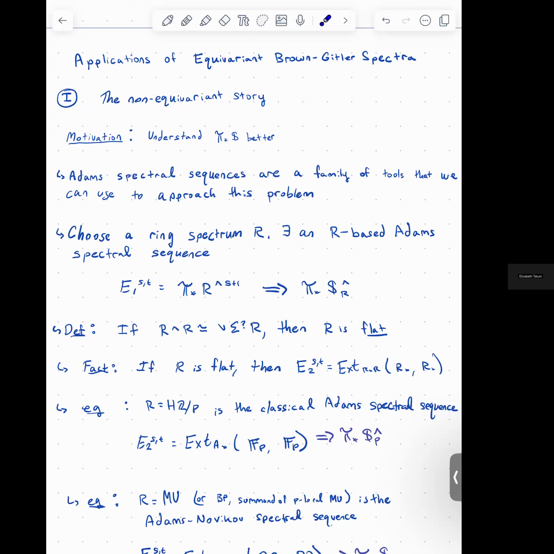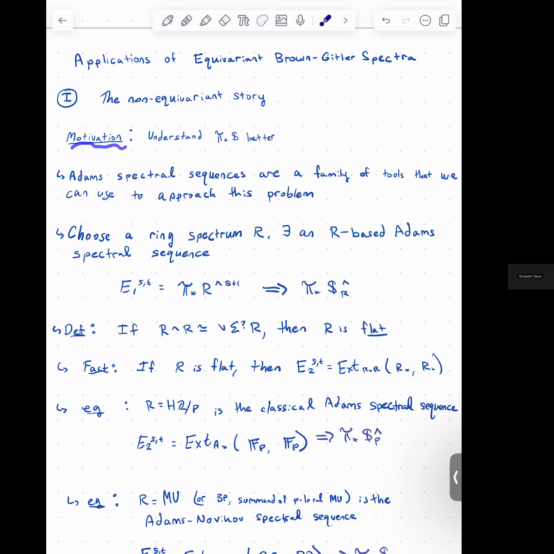I should say this is just one thread through which you can tell this story. There are lots of really cool applications of Brown-Gitler spectra. They were originally constructed in order to study immersions of manifolds. But today I really want to focus on their usage in terms of Adams spectral sequences. So I'll just stick to that thread.